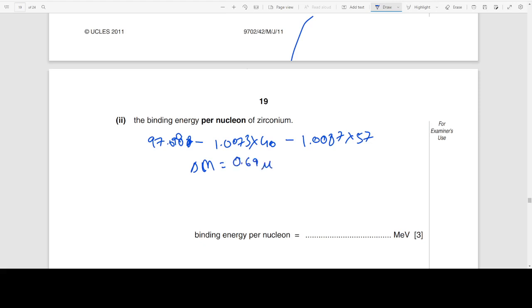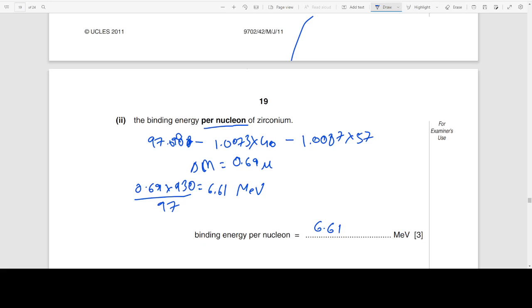I'm not thinking about any signs over here. And if you convert this into binding energy, you will get 0.69 times 930, which is 640. But they want per nucleon, so we'll just divide this by the number of nucleons, which is 97, and in the end we'll get 6.61 mega electron volts.